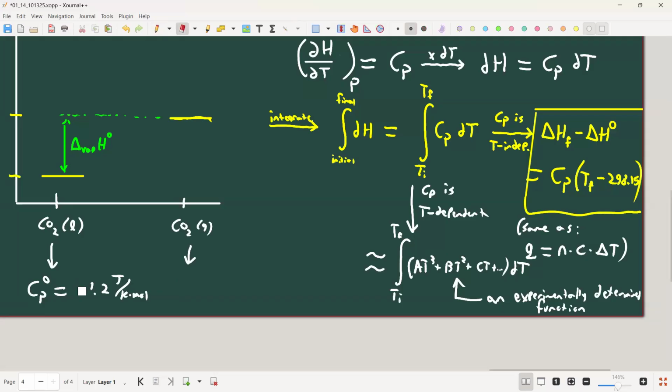All right, this number's wrong. So it's a hard number to find. It's about 100 joules per Kelvin mole. And then here it's about 54 joules per Kelvin. Okay, these are rough. All right, we'll calculate it more precisely later.